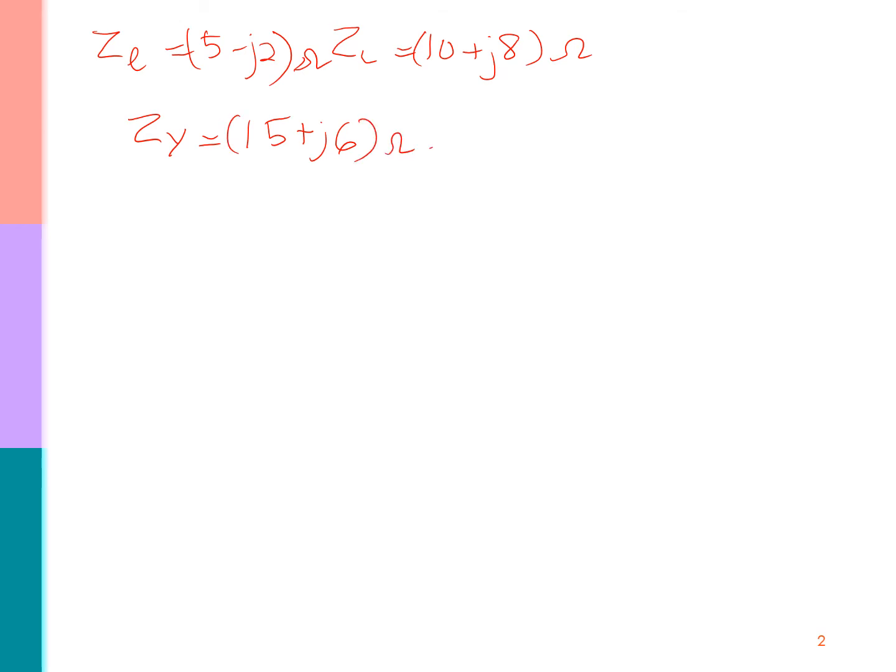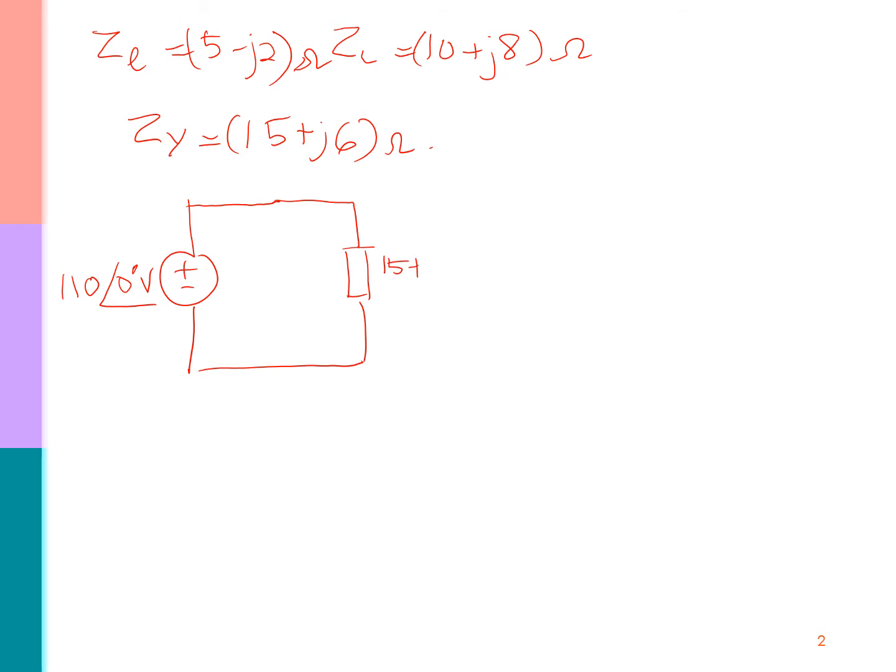To calculate the line current, we may replace the YY circuit, the three wire circuit, with a single phase equivalent circuit. From the previous slide, we know that VAN is 110 volt with 0 degree, connected to ZY, 15 plus J6 ohm.